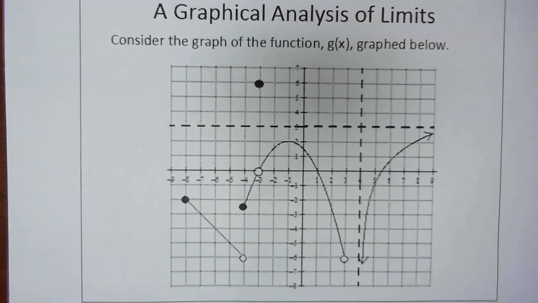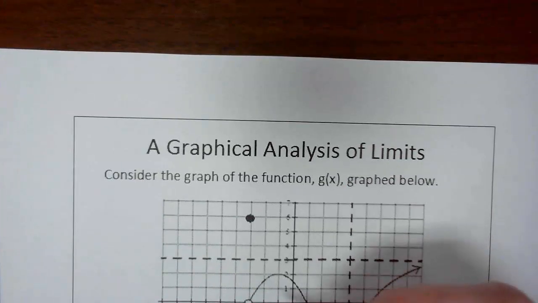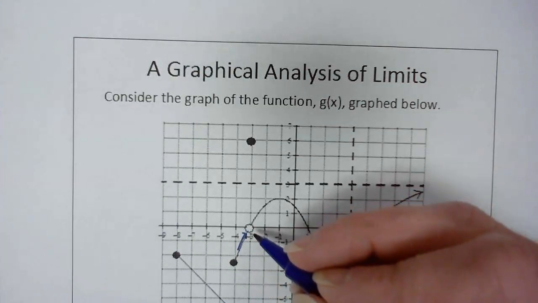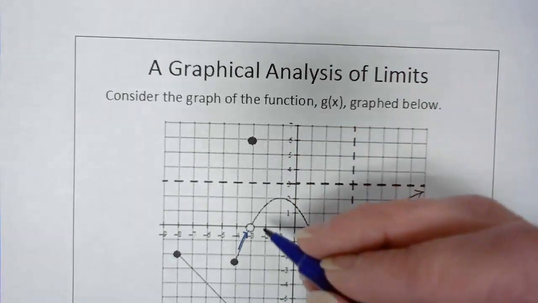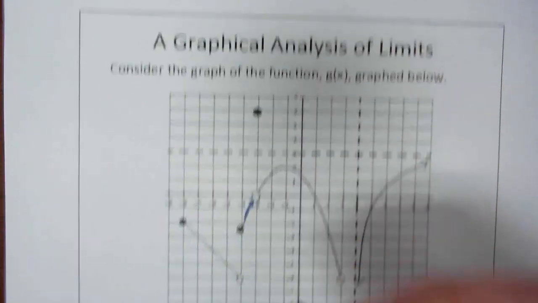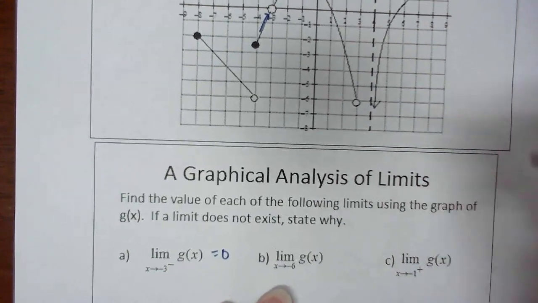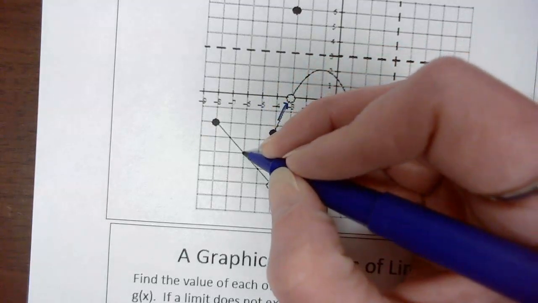So we've got this one. As x approaches -3 from the left. Here's -3. From the left, so I'm following where the graph's going. The graph is approaching y equals 0. Now there is a point up here, but I'm not concerned about the point. I'm concerned about where the graph is going, where it's headed. As x approaches -6, here's x is -6.